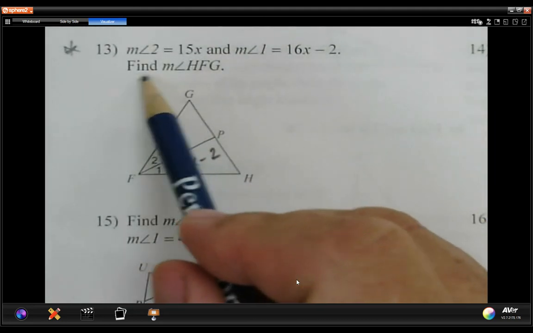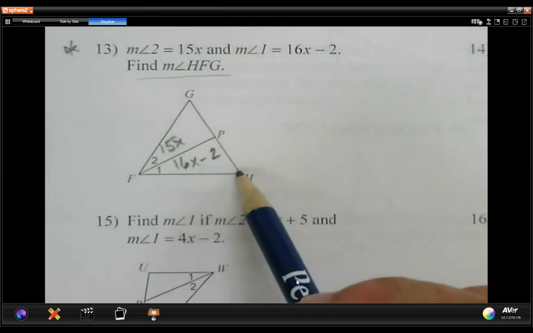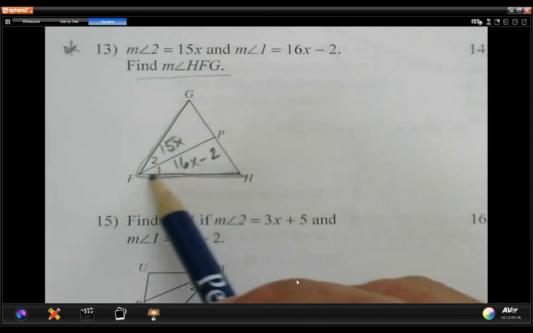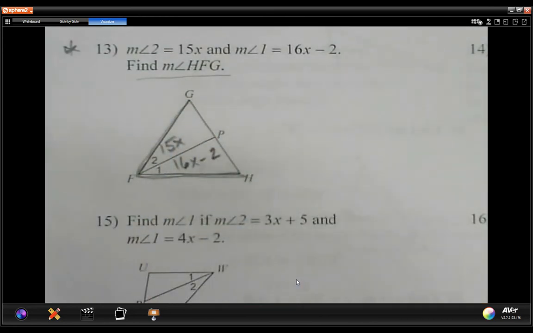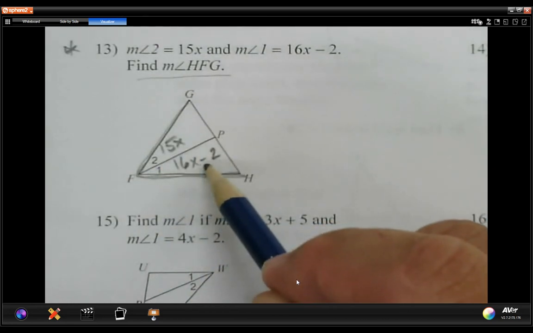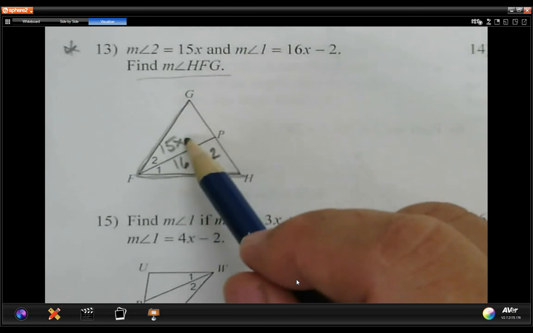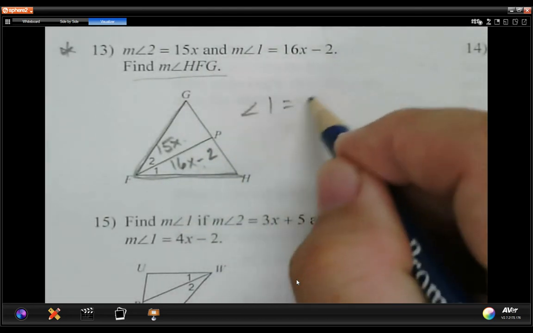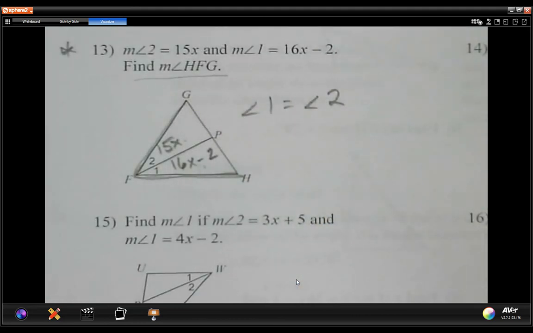It's telling me to find HFG. So HFG is not just a part, but it's actually the whole thing, okay? Don't get confused that you're still talking about angle bisectors, which means that this somehow, some way has to equal this, okay? So remember, angle 1 has to equal angle 2 somehow, some way.